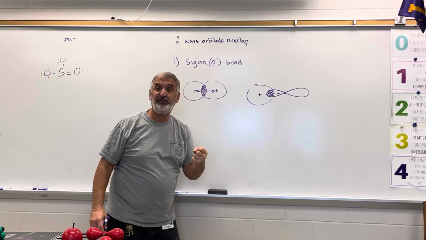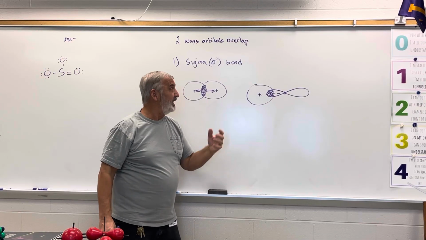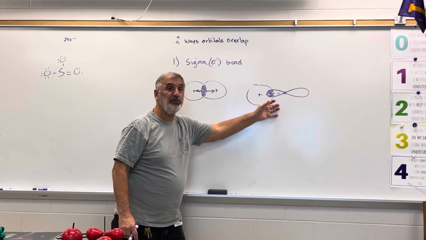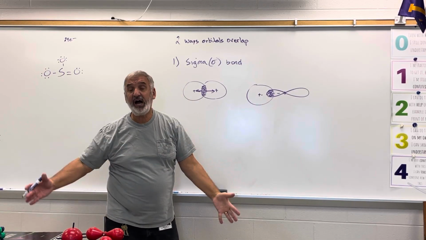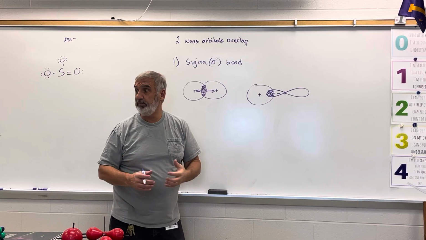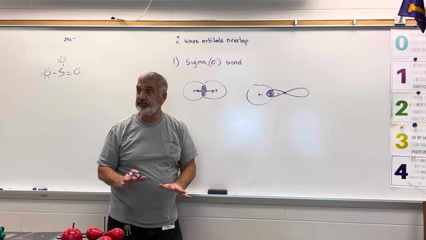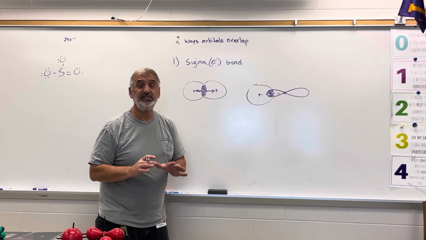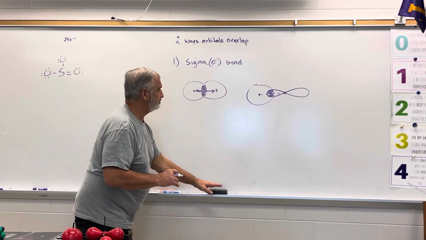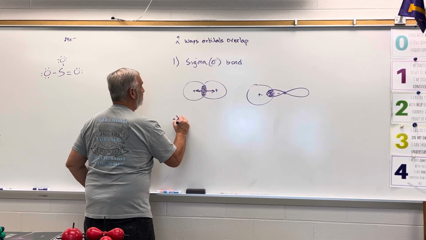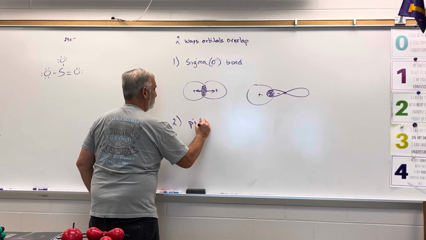Any and all type of orbitals can form a sigma bond: s with s, s with p, two p orbitals, d's, and what we're going to learn about, these hybrid orbitals can form sigma bonds. The first bond is always a sigma type bond. But the second bond is a pi bond.